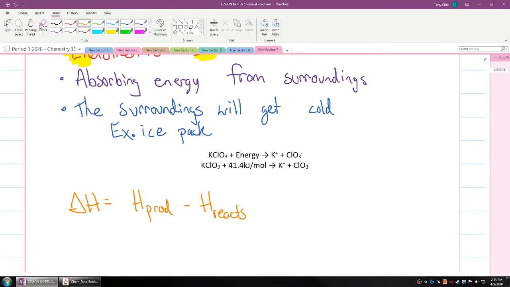This time, the reactants have less energy. That means this is less energy. We take away something that's smaller, it becomes positive. So delta H this time is positive. But positive by how much? In this case, it's going to be positive by the amount you added. So it's positive 41.4 kilojoules per mole.